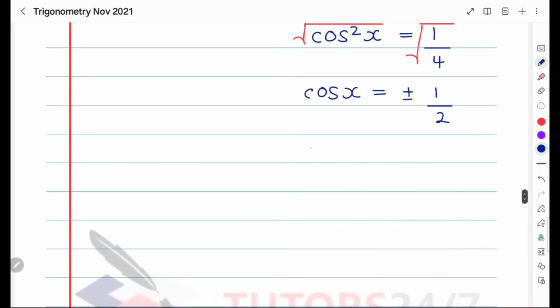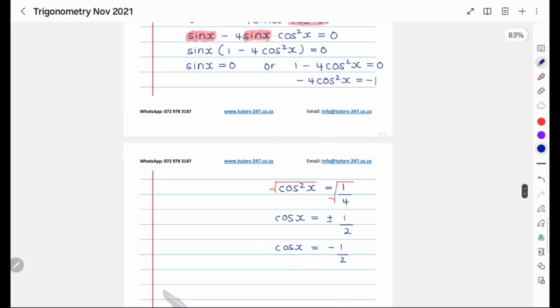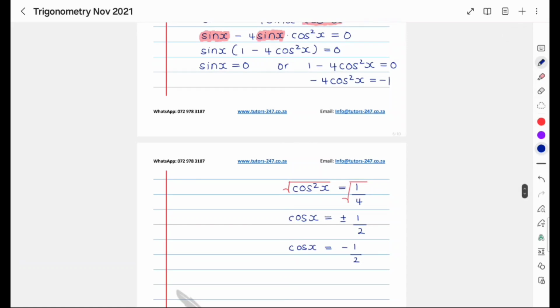So we are going to proceed with cos x equals negative 1 over 2. So please keep that in mind. So we have two solutions. We have sine x equals 0, and we have cos x equals negative a half.